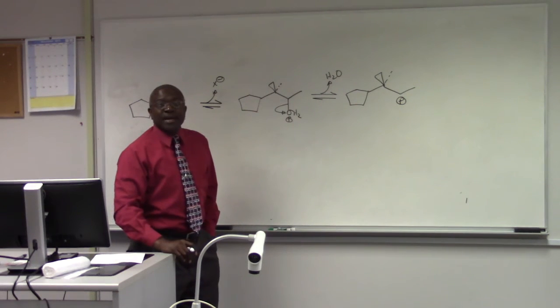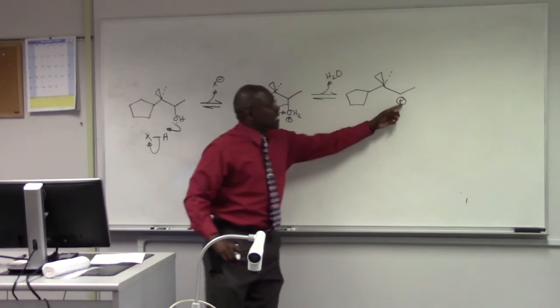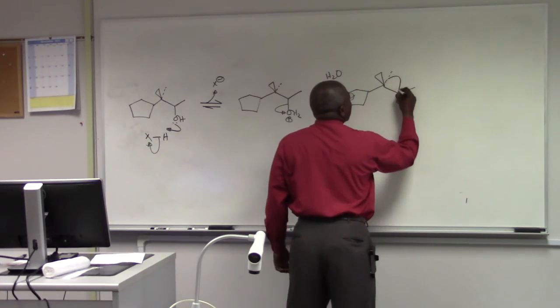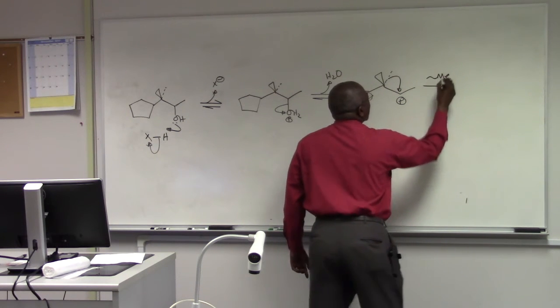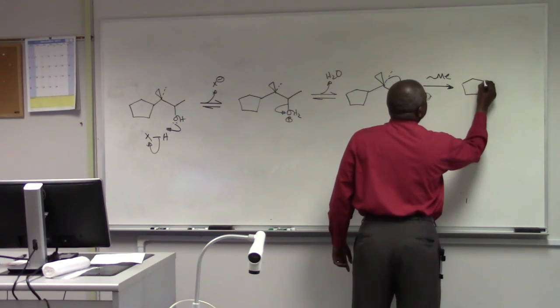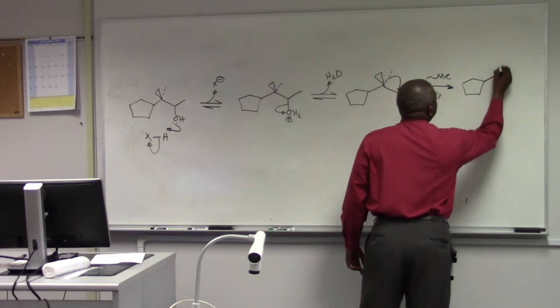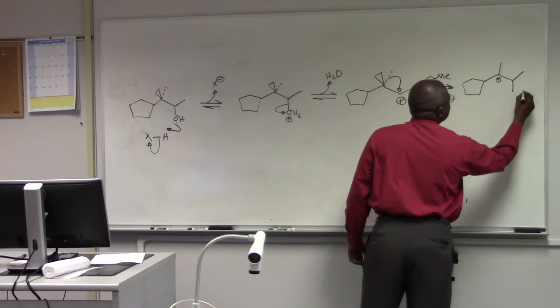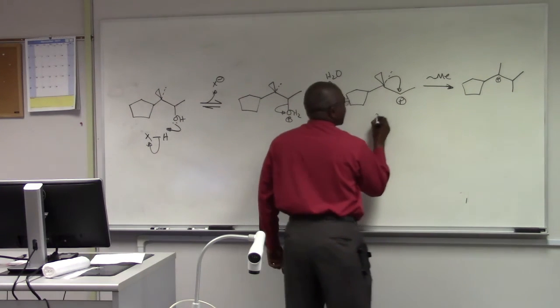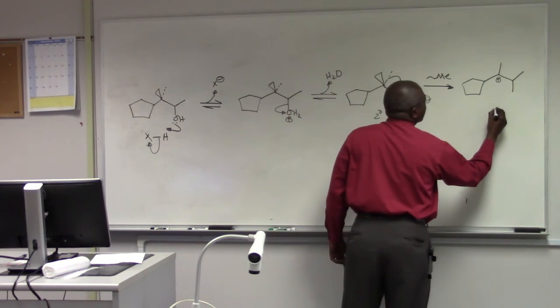The secondary carbocation will rearrange. It can go from secondary to tertiary. So I can have a methyl shift, and that will generate this species, which is a tertiary carbocation. This is secondary, this is a tertiary carbocation.